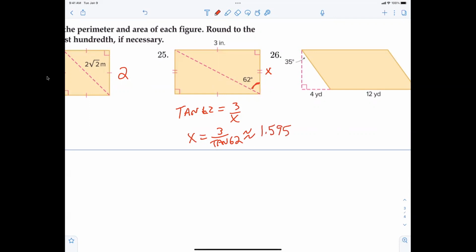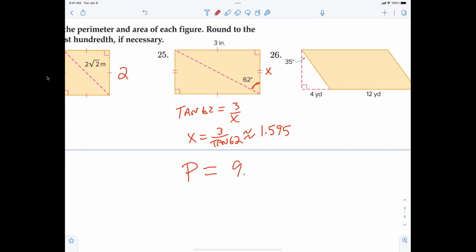So if I want the perimeter, somebody tell me what the perimeter would be to 3 decimal places. That's where you should be using your calculator. 6.380 what? Is that not right? 9.1. Thank you.